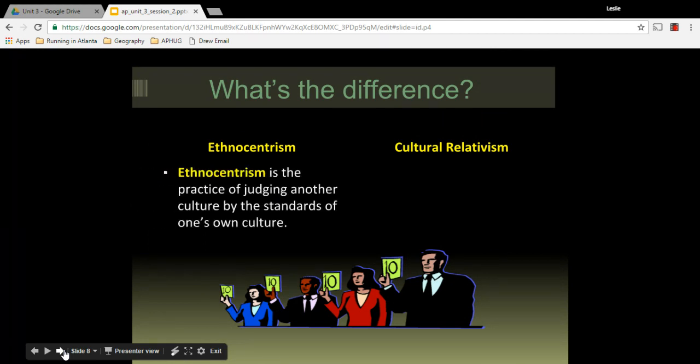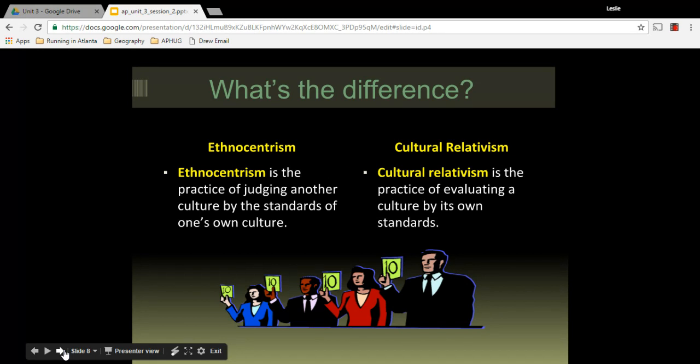All right, ethnocentrism is the practice of judging another culture by the standards of one's own culture. So judging what someone does is right or wrong based on your cultural beliefs and your cultural values. Cultural relativism is the practice of evaluating a culture by its own standards.